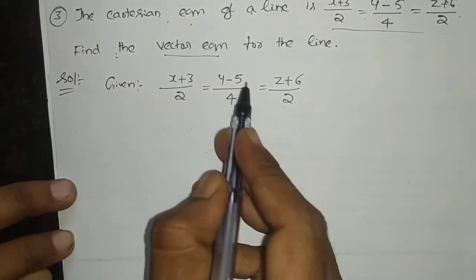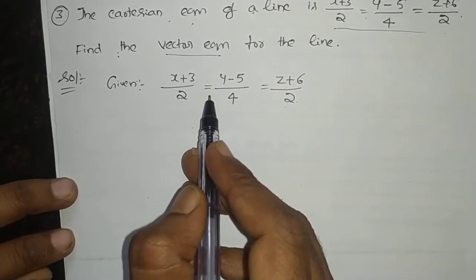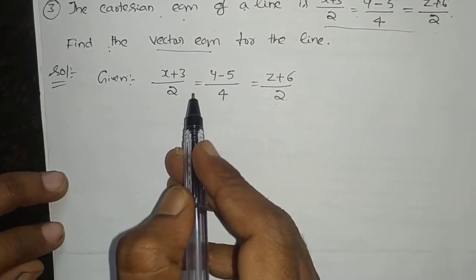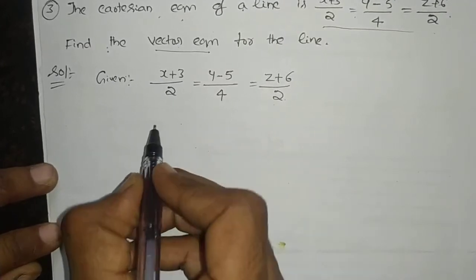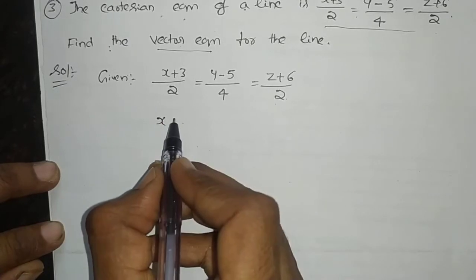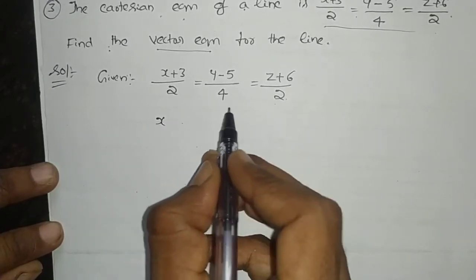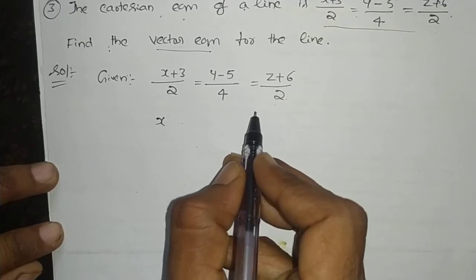First we have to express this line in the form of (x minus x1) by a, (y minus y1) by b, (z minus z1) by c. I am rearranging this equation in that form.